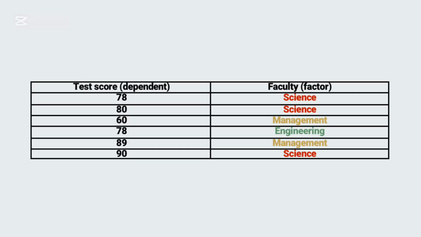So a typical example of one-way ANOVA in action is if I'm trying to test for the difference in exam score between 3 faculties. Let's assume we have 3 faculties: Faculty of Science, Faculty of Engineering, and Faculty of Management Science, and they did a test on mathematics. The test score in this case is the dependent variable, the continuous variable, because it can take decimal.